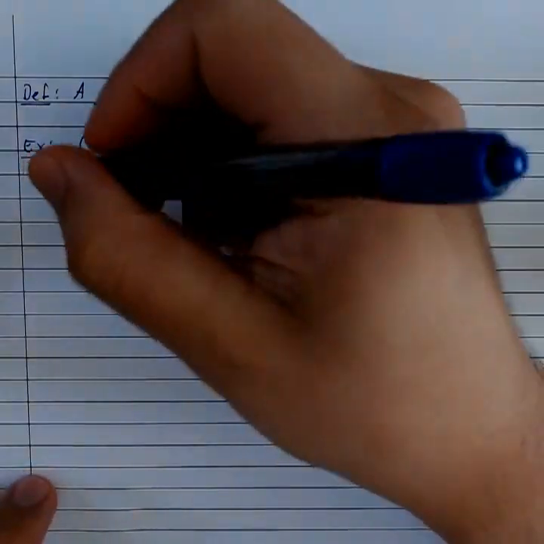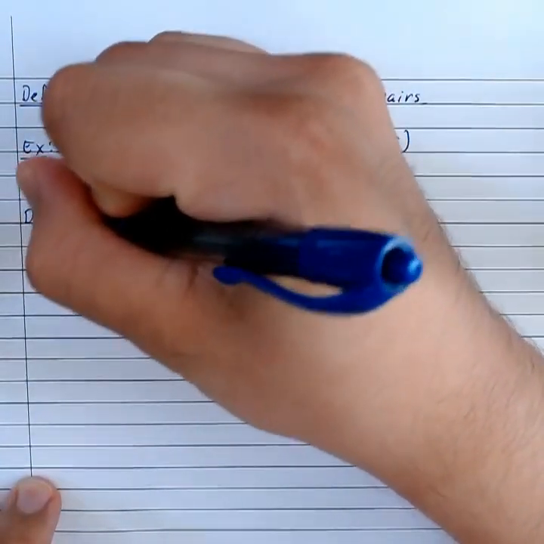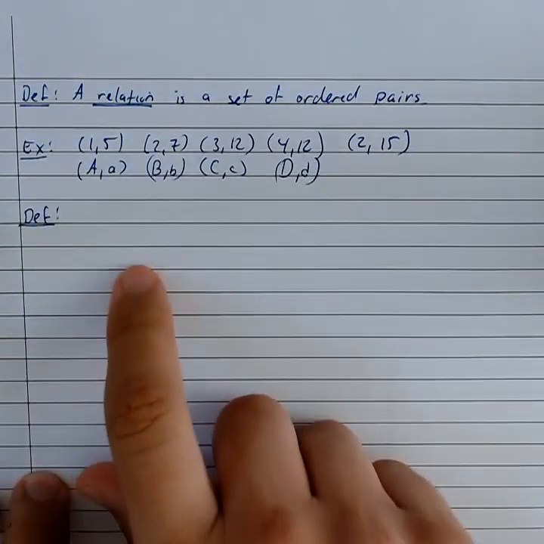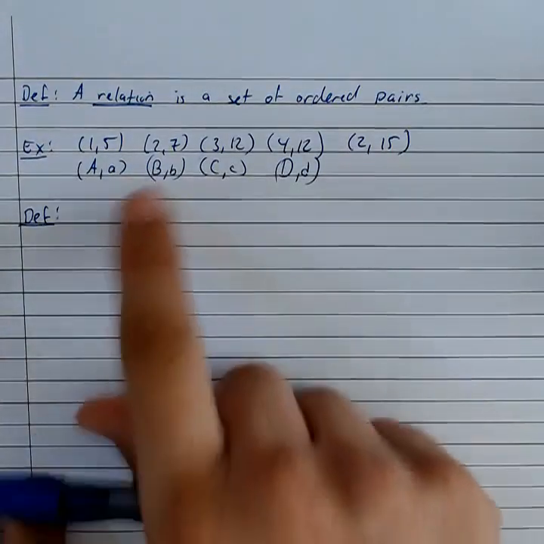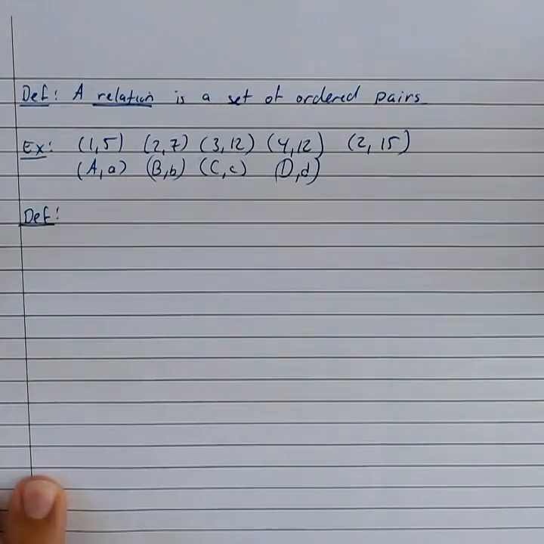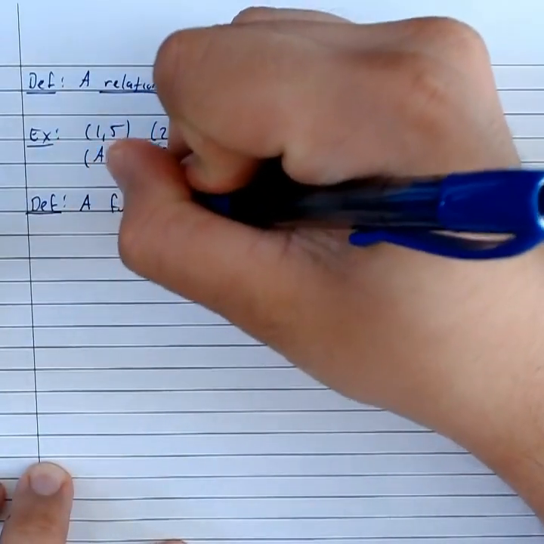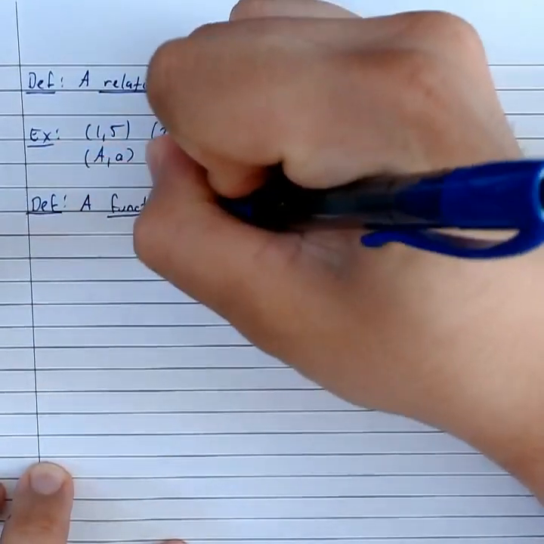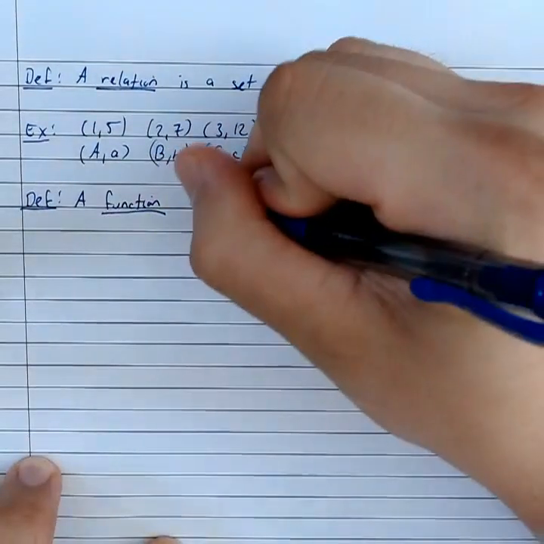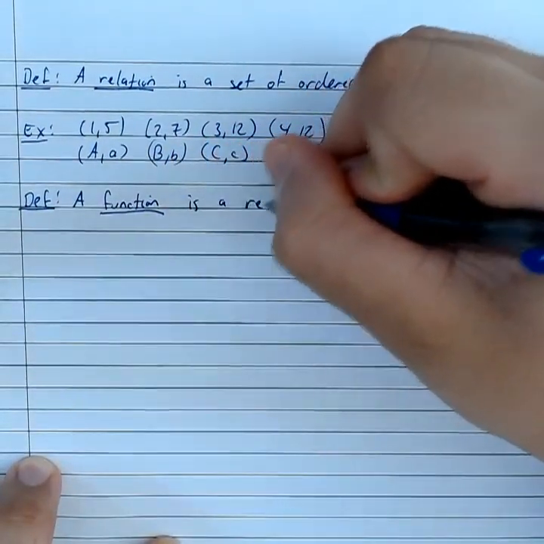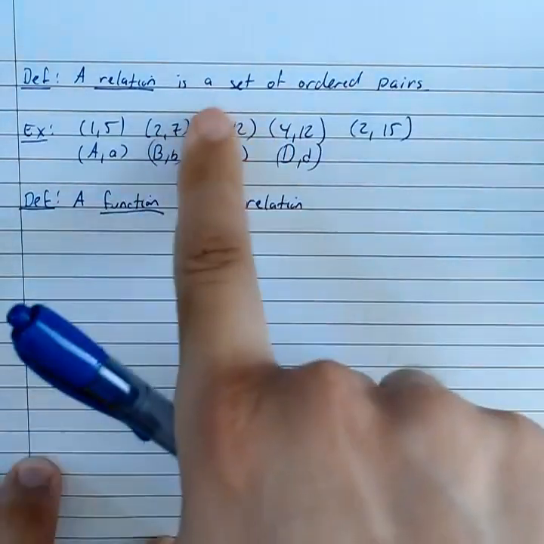Now, in this section, we want to consider a specific kind of relation. There's a relation with an extra condition which makes it very useful. A function. All right? A function is a relation. In other words, it's a set of ordered pairs.